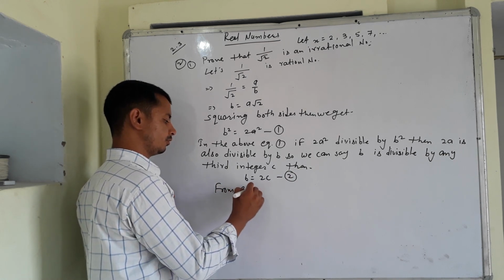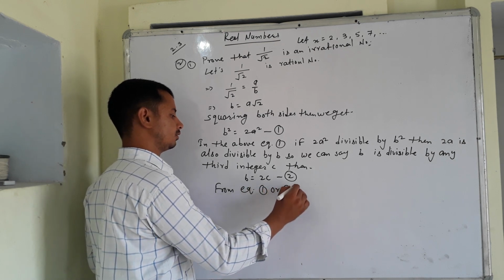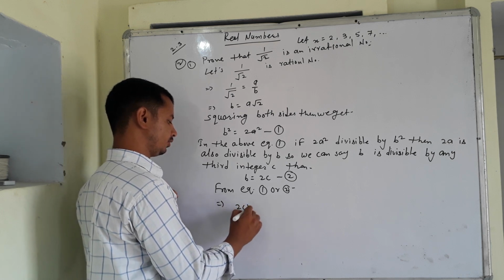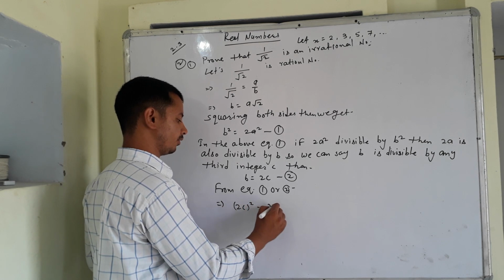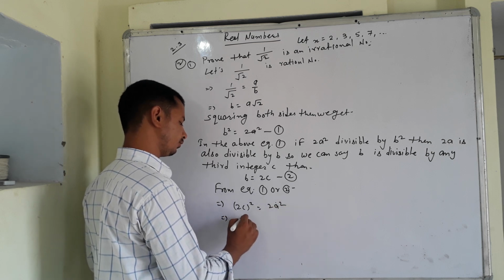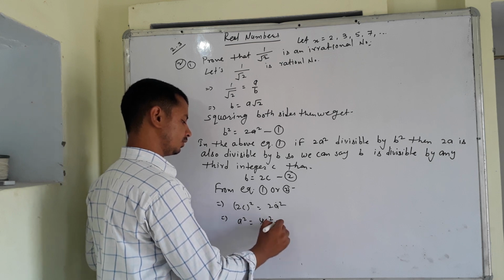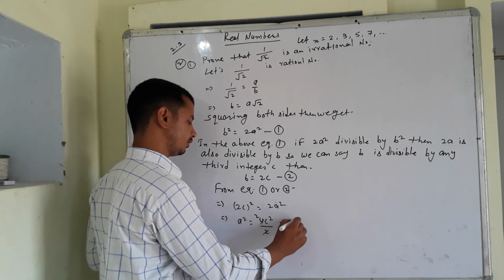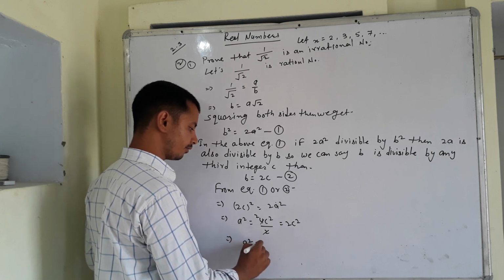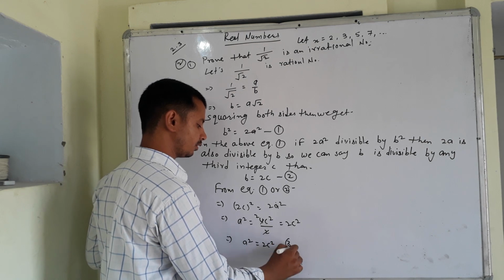From equation first and second, we get 2c whole square equal to a square, and we get the value of a square equal 4c square upon 2, then we get 2c square. So we can write the step a square equal to c square. Put this as equation number third.